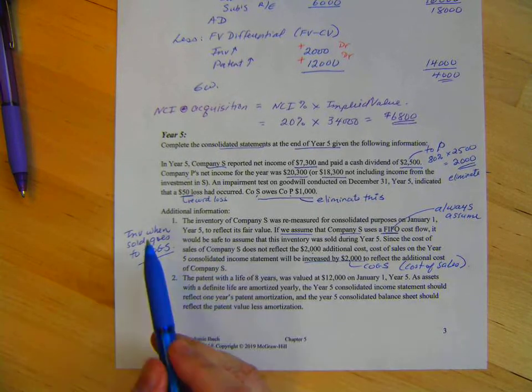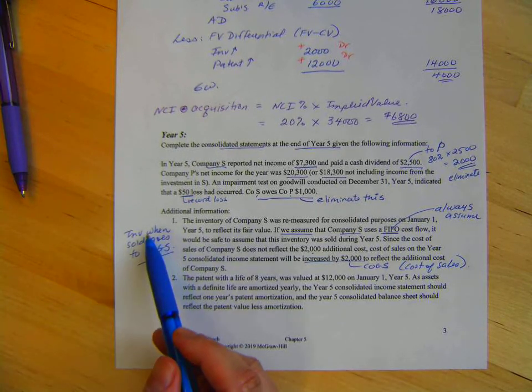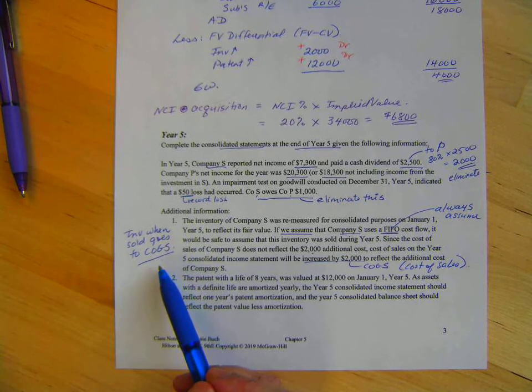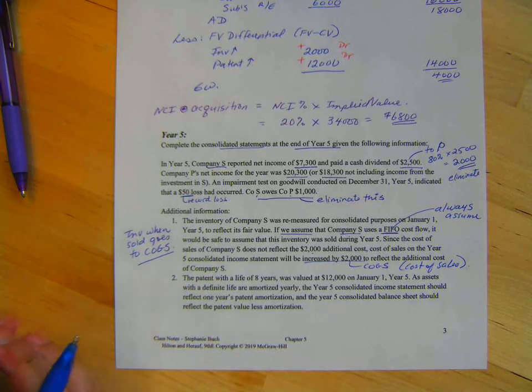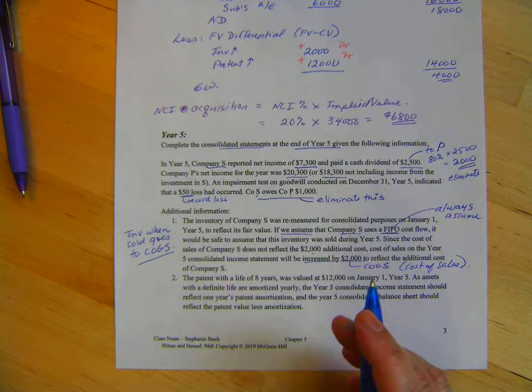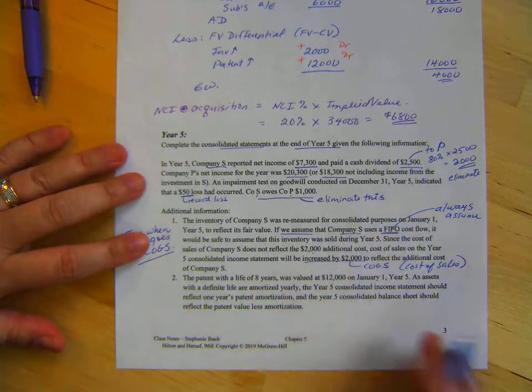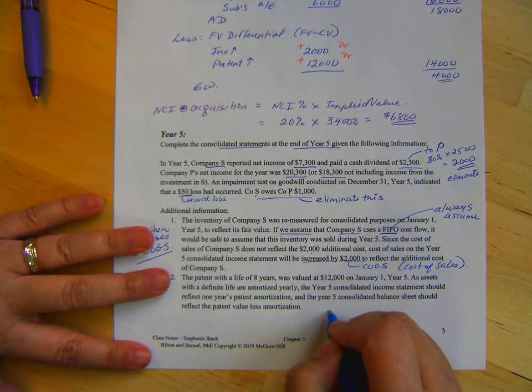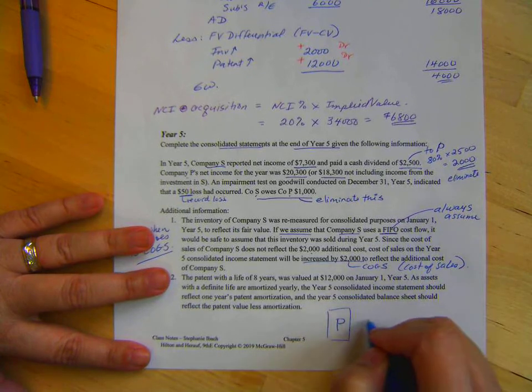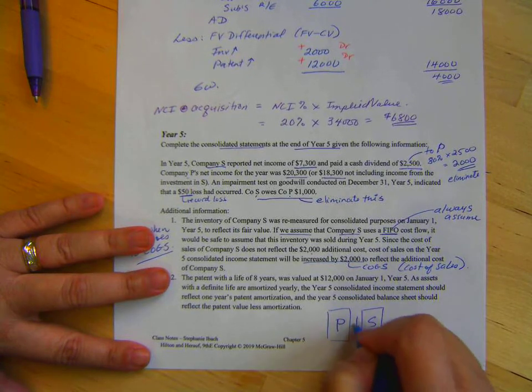So they have a low amount in this case, and it goes to cost of goods sold. So when we go to combine our statements, as we did in chapter 4, we take the parent's statement and the sub statement and add them together.